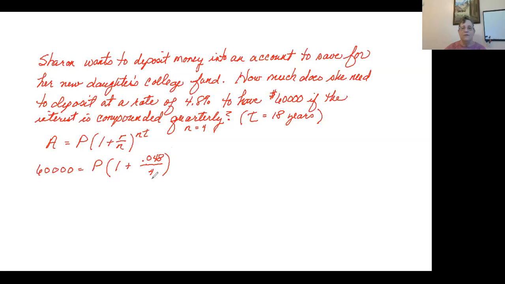So she'll get 1/4 of that each quarter, and by the end of 18 years, it will have been compounded 4 times 18 times. So we've got 60,000 equals P times 1 plus 0.012 raised to the 72nd.